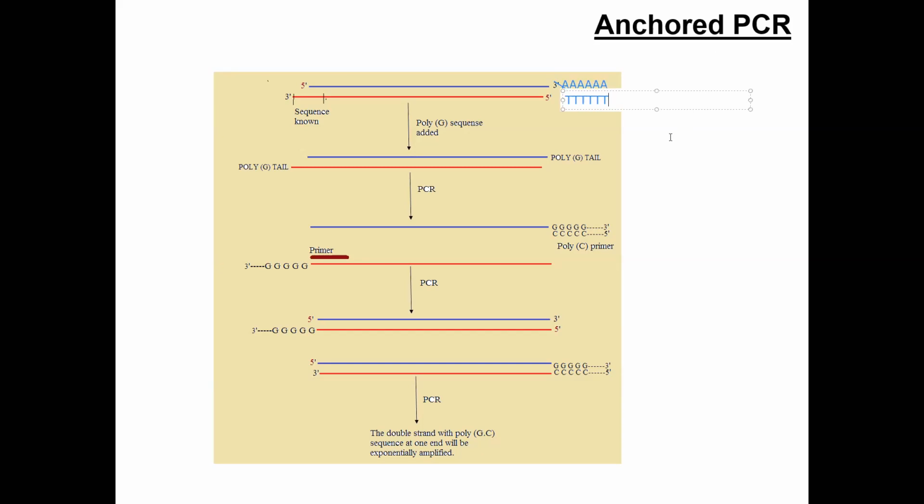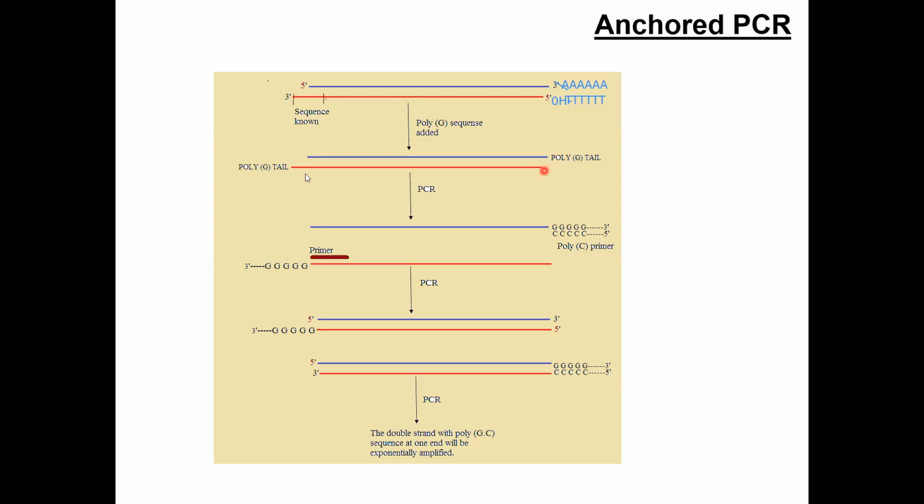So this is the 5', and now you have a free OH group. This OH group will provide the 3' OH, on the ribose. To this, your dNTPs will bind and you'll synthesize the second strand.